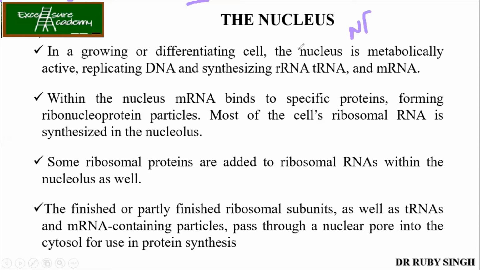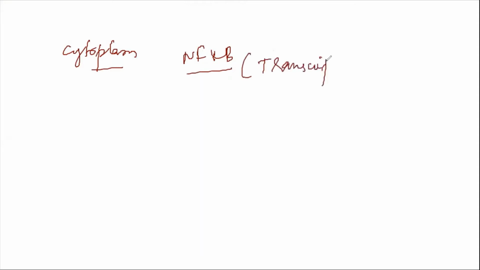So NF kappa B, and then you have I kappa B. Why I'm discussing this is that most of the proteins present in the cytoplasm have this NF kappa B. Now we know that NF kappa B is what? Anyone, the full form? It is actually a transcription factor. Nuclear factor kappa, right? Yes, correct. It is a transcription factor.